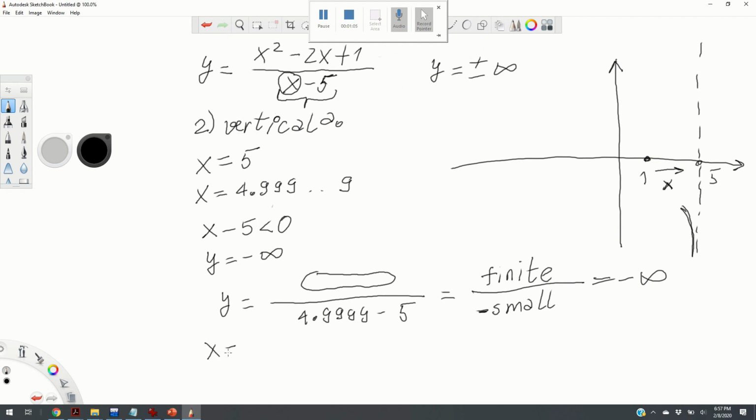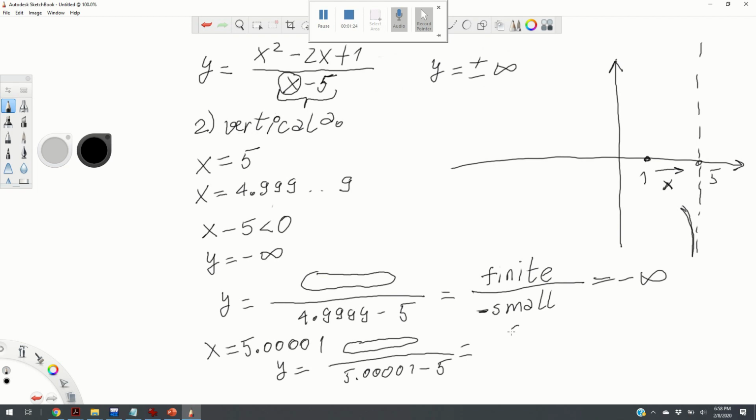Similarly, when x is equal to 5.000001, the function will become something finite over 5.000001 minus 5.